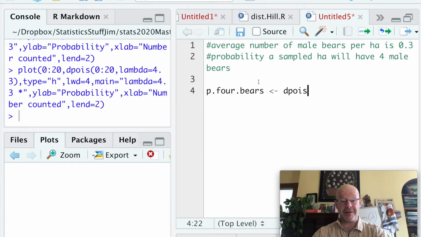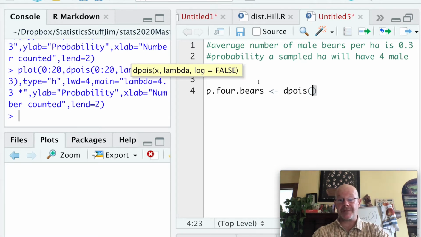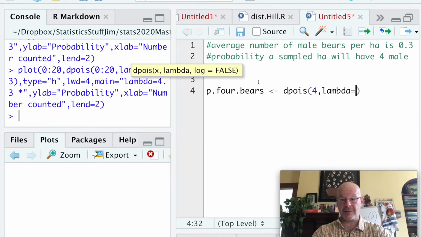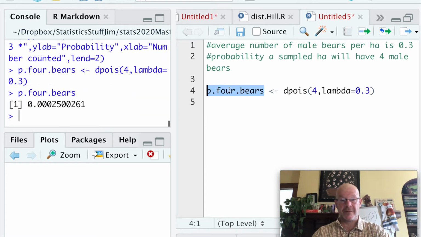And what we need to put in there is simply, what is the probability that there are 4 bears, we would say dpois(4, lambda = 0.3), I will be explicit. And so that is the probability that I would go to any randomly selected hectare and I would see 4 bears in that hectare. That's a lot of male bears to have in a hectare, and it's a really low probability that I would see that.